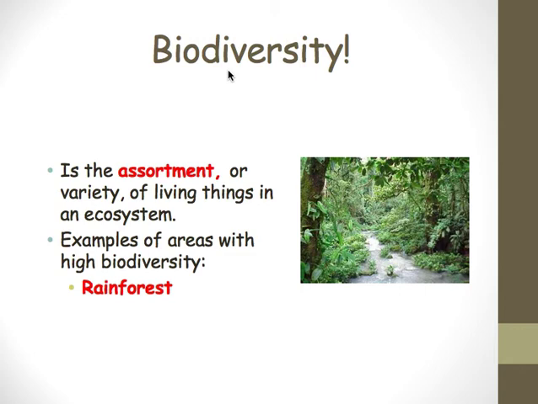This is going to be our rainforests, but we also have aquatic ecosystems that are really diverse, like the coral reefs. These are both very biodiverse ecosystems, and in turn, they are most affected by changes in environment and changes in their ecosystem, changes in their food webs, things like that.